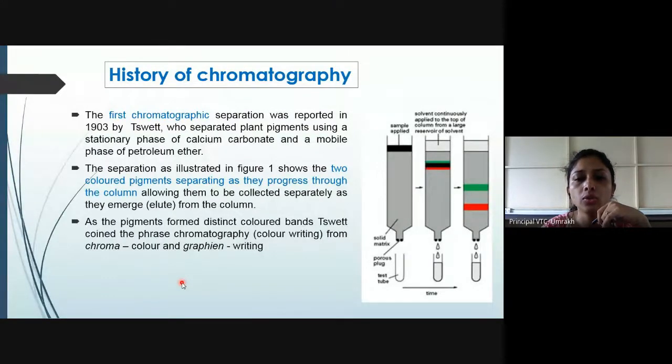From that the name chromatography was given: chroma means color and graphein means writing. So the word chromatography, color writing, came into existence.